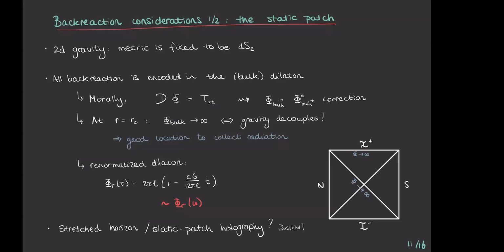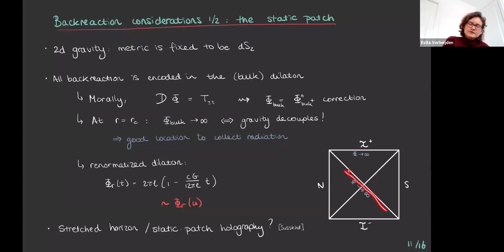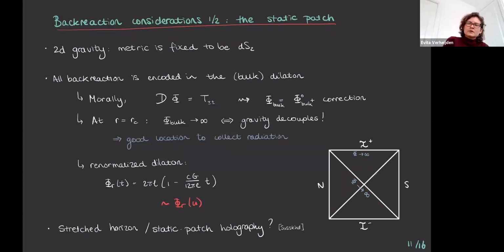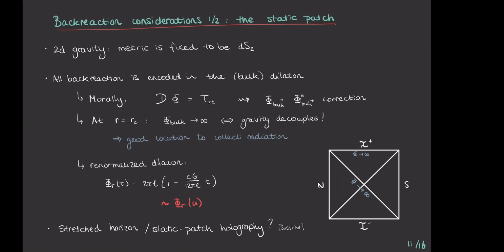You're asking what happens behind this surface? No, the future horizons, both of them, because I thought the dilaton had a well-defined boundary at scri plus, and then the dilaton diverges at the future horizon, right? Yeah, indeed, as in the bottom wedge of the forward cone.